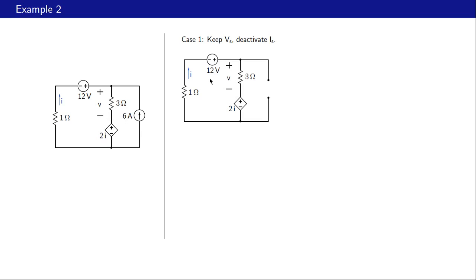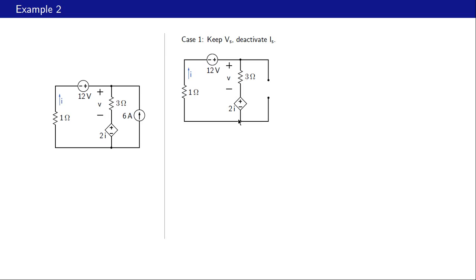We have kept the voltage source and deactivated the current source. That means replaced it with an open circuit like that. And now let us find V in this case. The important point to note here is that we have left this dependent source as it is.